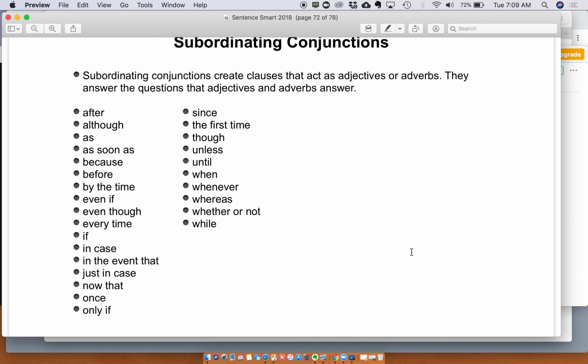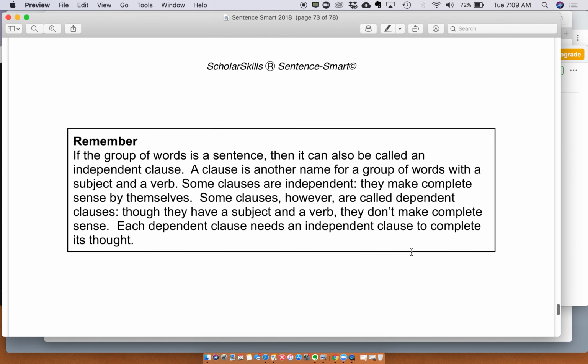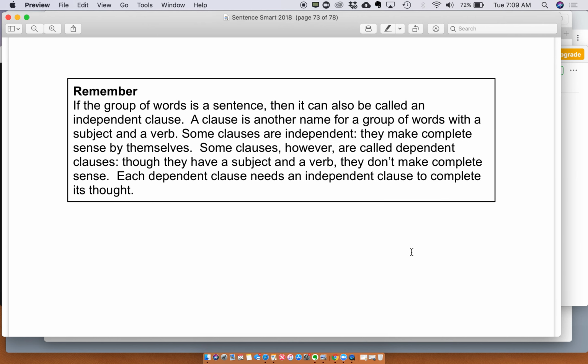Take a look at these subordinating conjunctions once again, and we know that they can create clauses that act as adjectives or adverbs. They answer the questions that adjectives and adverbs answer. So let's remember, if the group of words is a sentence, then it can also be called an independent clause. A clause is another name for a group of words with a subject and a verb.